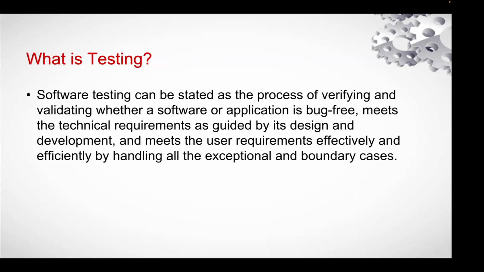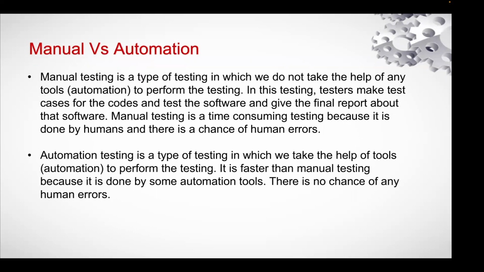Now we'll move on to the difference between manual and automation. Manual testing is simply everything being done by a human being. Based on the requirements, he prepares the test scenarios and test cases, and he prepares the test data.